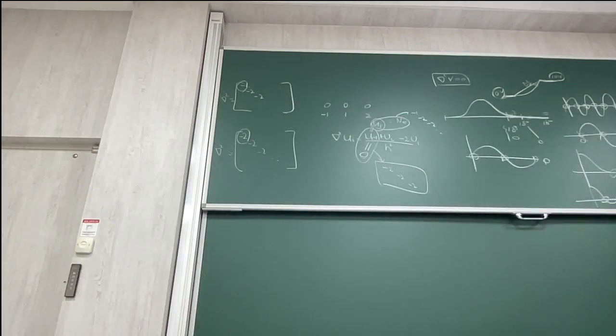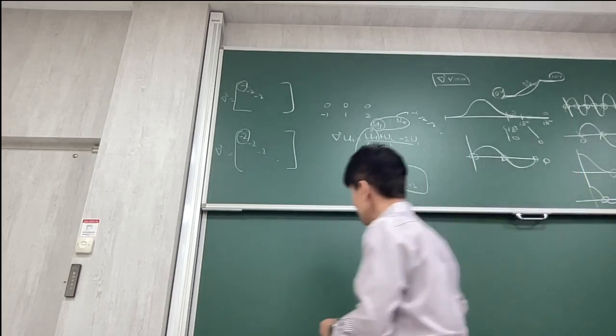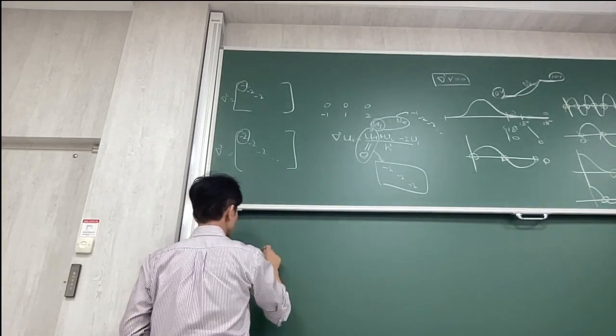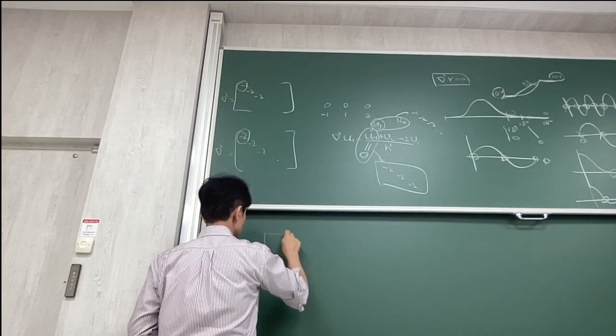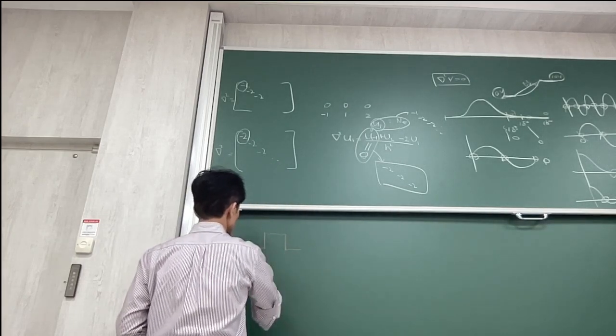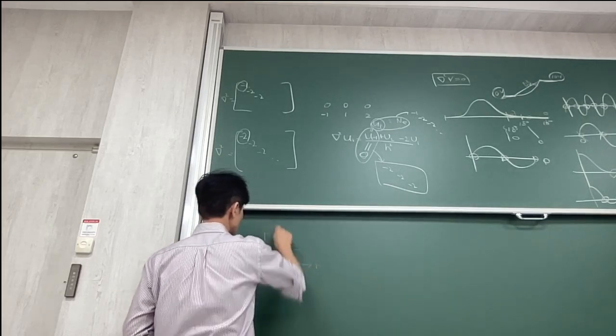So far, we assume that we have a waveguide structure along the R axis.